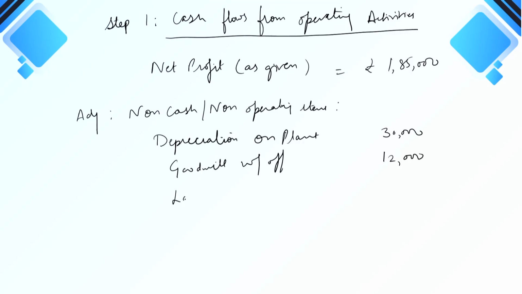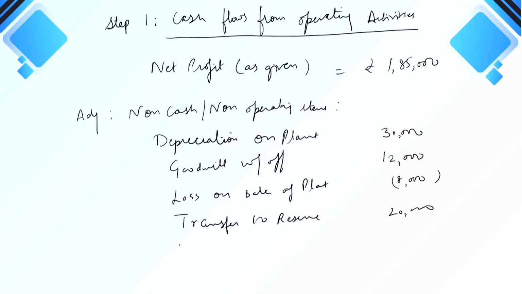Then we have loss on sale of plant, 8,000 rupees. Transfer to reserve, 20,000 rupees. And then profit on sale of investment, that is 10,000 rupees.